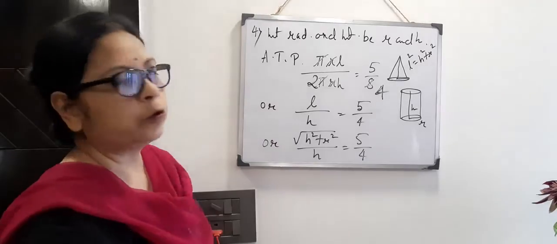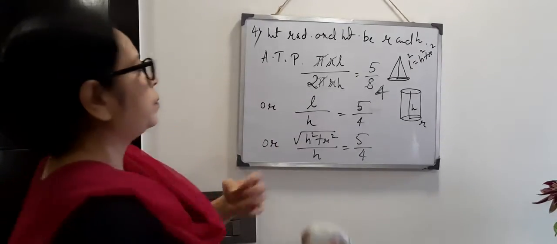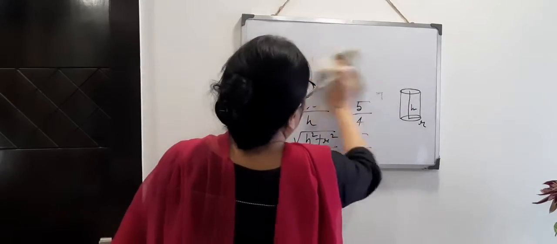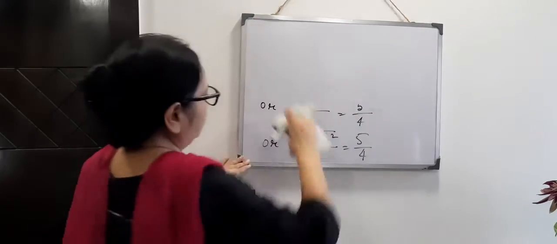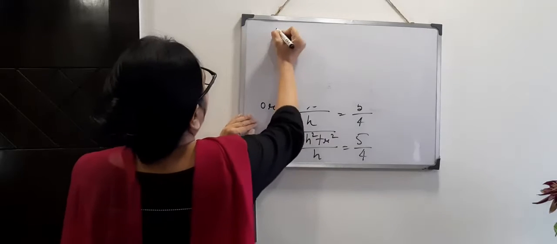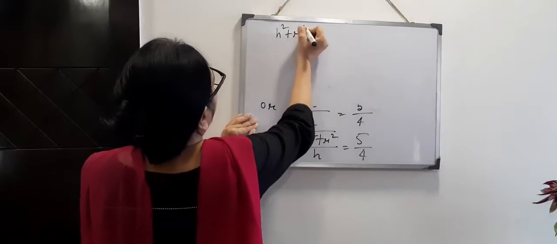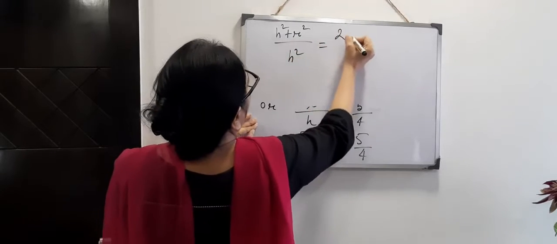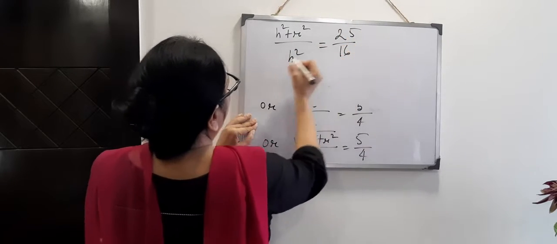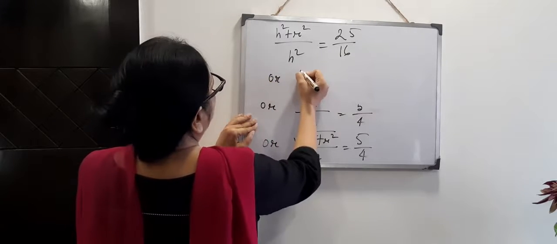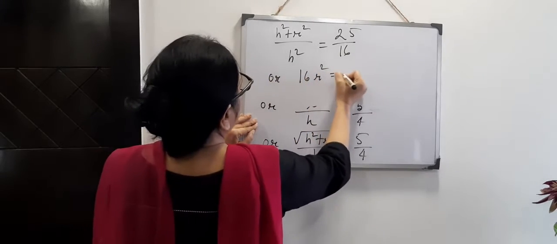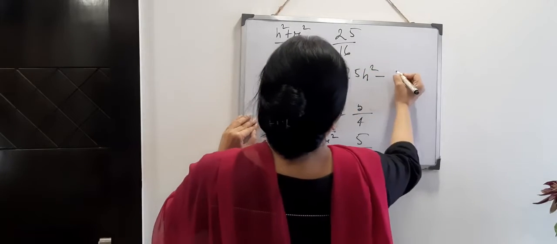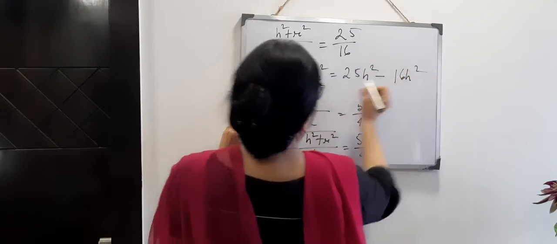Now we square both sides to remove this square root. Squaring both sides, it is coming (h square plus r square) over h square equals 25/16, or 16 r square equals 25 h square minus 16 h square.